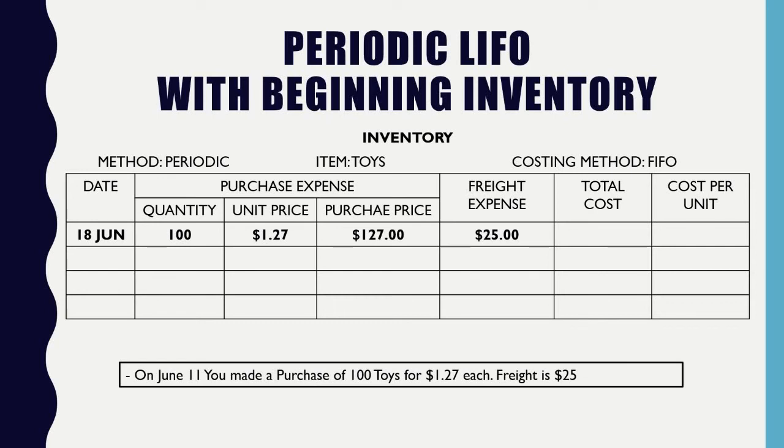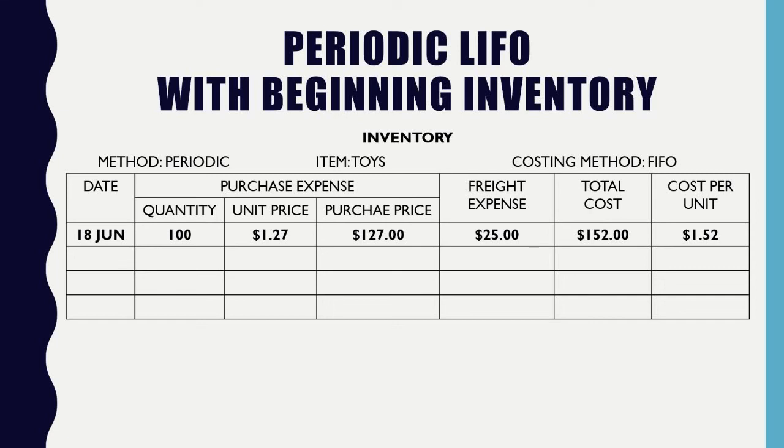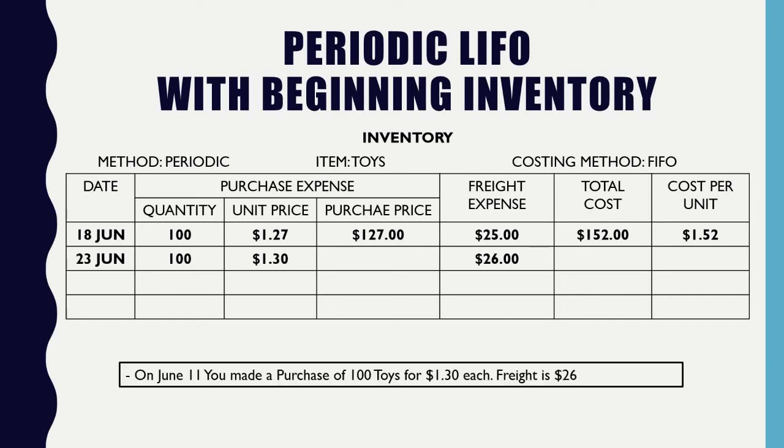Then we add our freight to get a total of $152, and from there, our cost per item is $1.52. Of course, then we're going to add our second batch, which we purchased on the 23rd for 100 items at $130, plus $26 freight, to give you a total of $156. And from there, our cost per item is going to be $1.56.